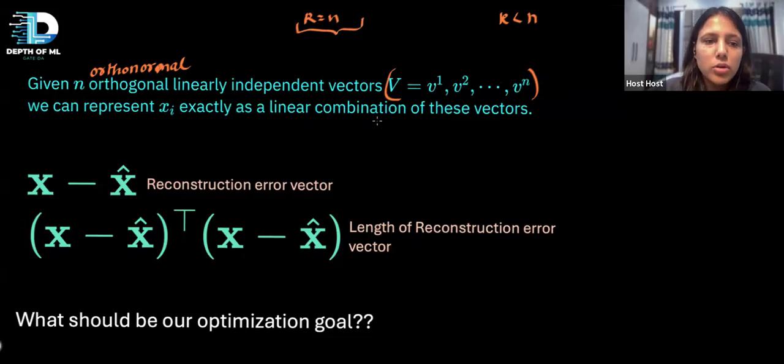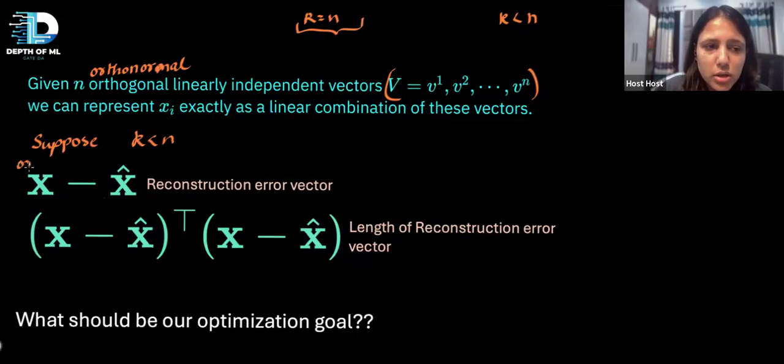Fine. So the only thing that I'm saying with this slide is that you can represent X as a linear combination of these n linearly independent orthonormal vectors, exactly. But suppose that I chose k which is less than n. Then I will have some reconstruction error.